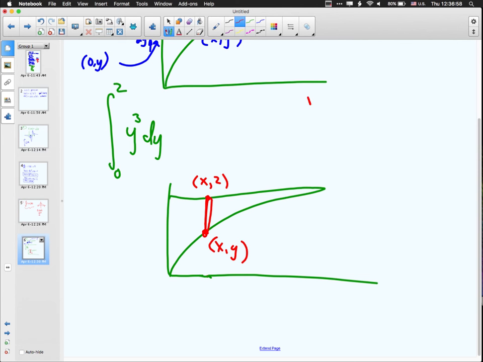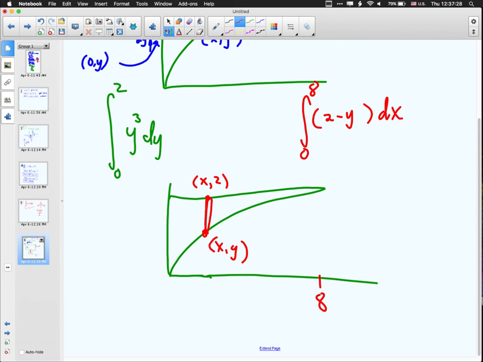So if we integrate, what's this point over here so we make sure that we get everything in here? How far does it go? It goes 8. So we're going to go from 0 to 8 of the height, which we said was 2 minus y. Now we're integrating dx, so we can't have a y in there, we need an x.